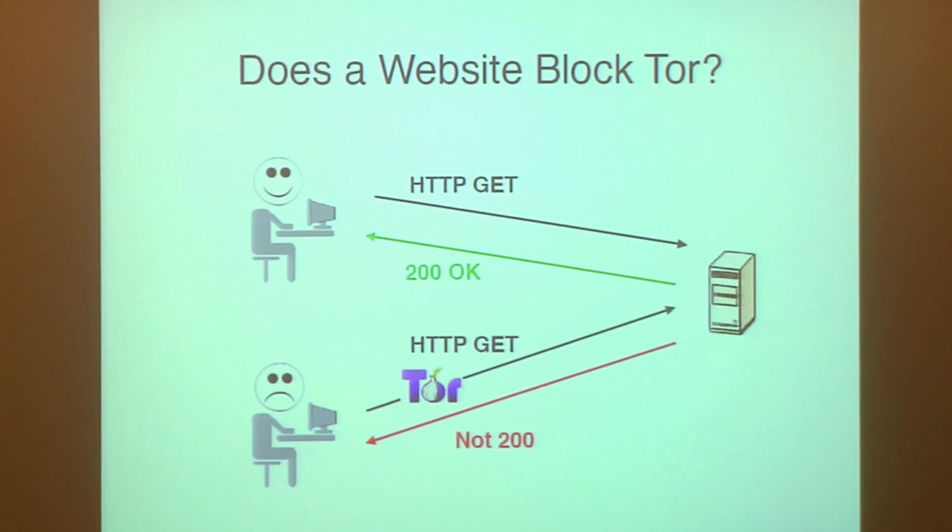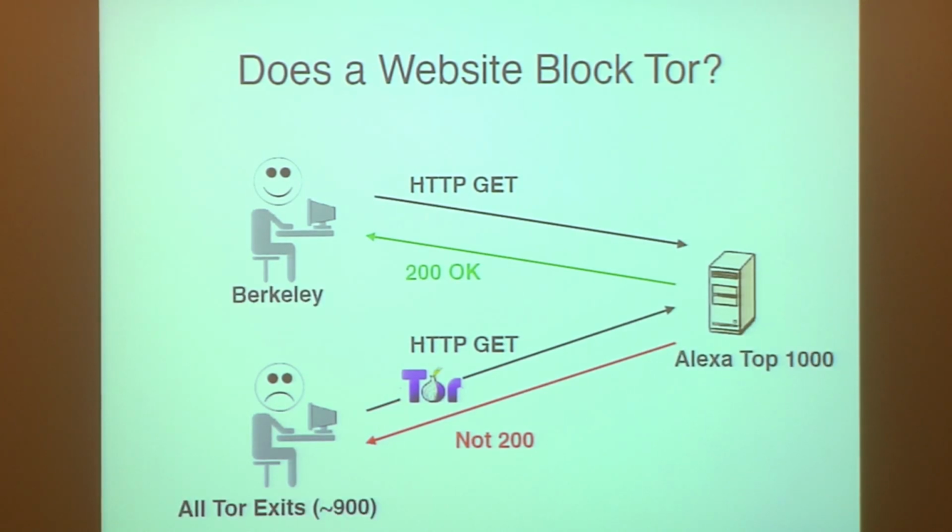And again, we find that the Alexa Top 1000 is largely reachable by a user in Berkeley, and there are at least some parts of the Alexa Top 1000 that are not reachable when you're using Tor.